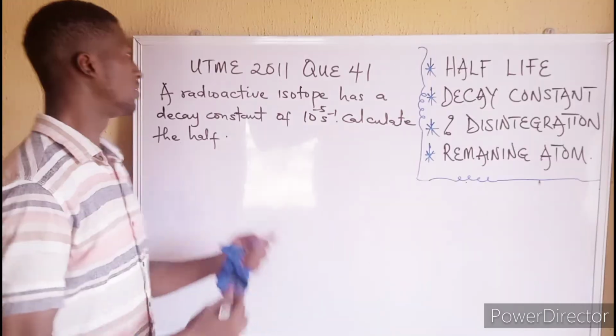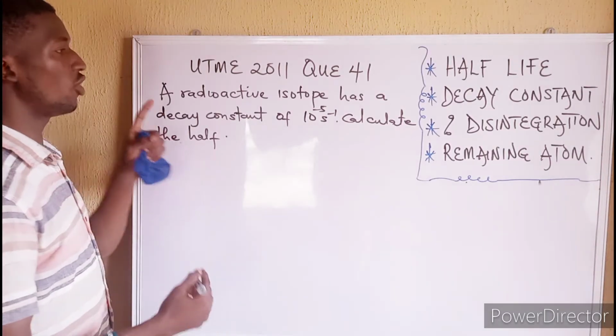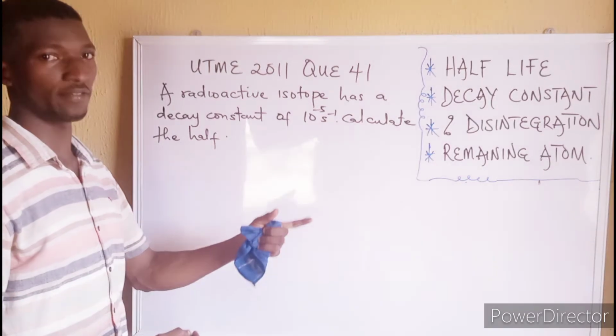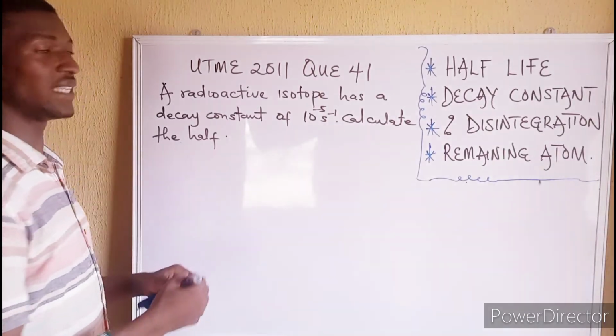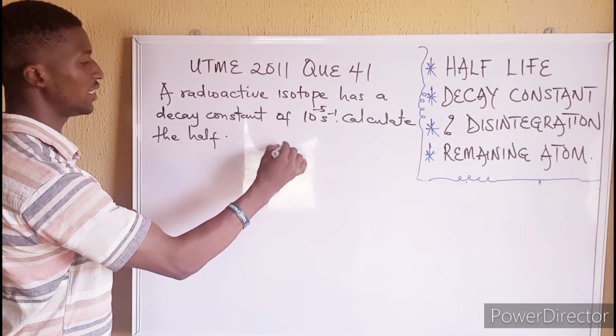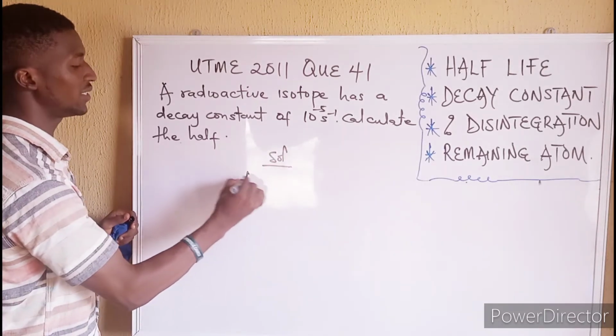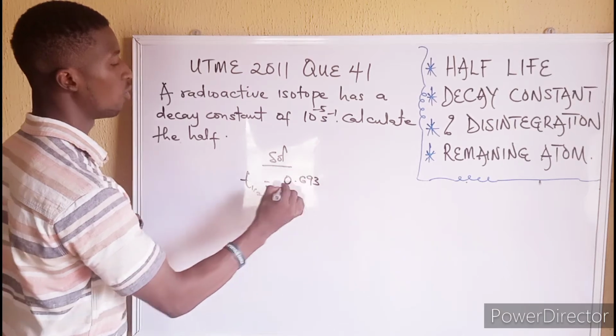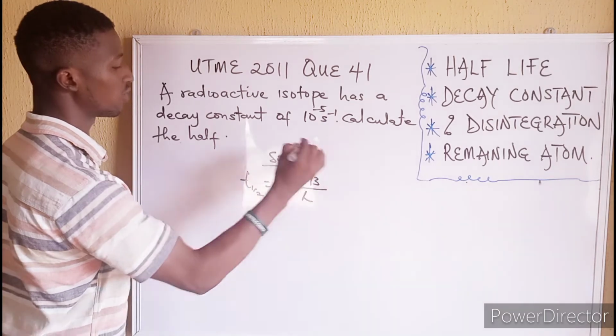For instance, this question states that a radioactive isotope has a decay constant of 10 raised to power minus 5 per second. Calculate the half-life. I've told you guys that in order to calculate half-life, we say T half is equal to 0.693 over the decay constant.